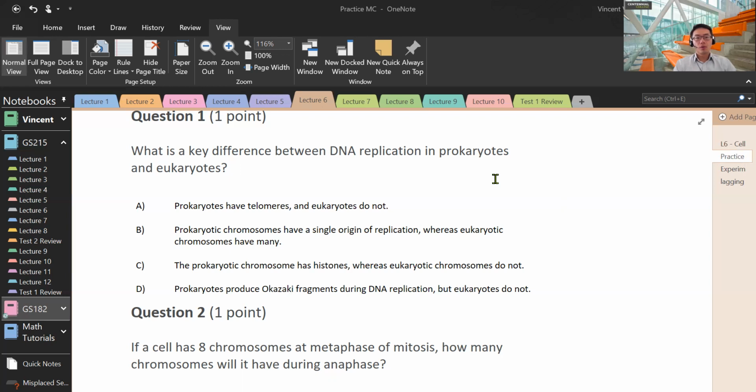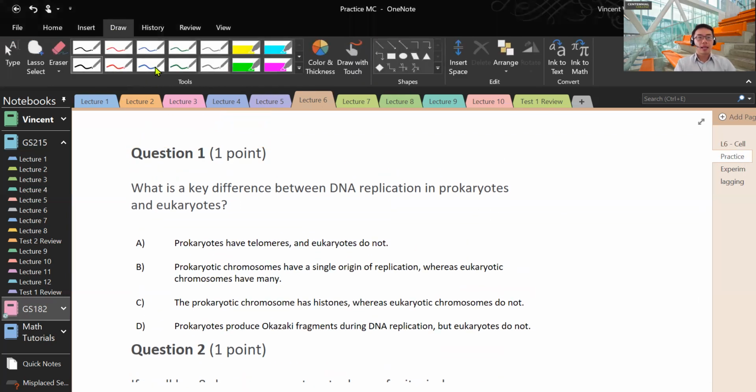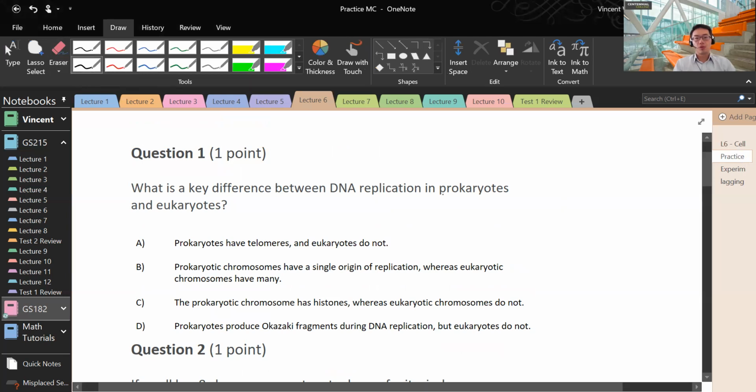This whole question hinges on the fact that prokaryotes have circular DNA. I believe we talked about that before. The DNA is a circle, well, not necessarily, it could be an oval, but it loops back on itself rather than being linear like ours.